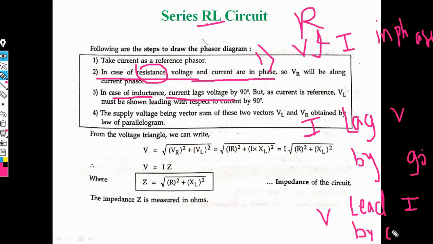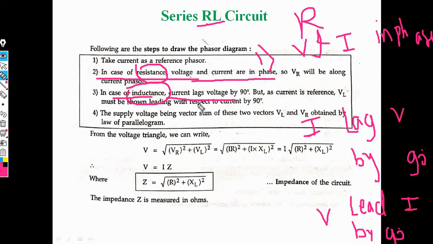Now this is the concept of inductance. In resistance, the voltage and current are in phase, but in inductance the current lags the voltage by 90 degrees, and the voltage leads the current by 90 degrees.